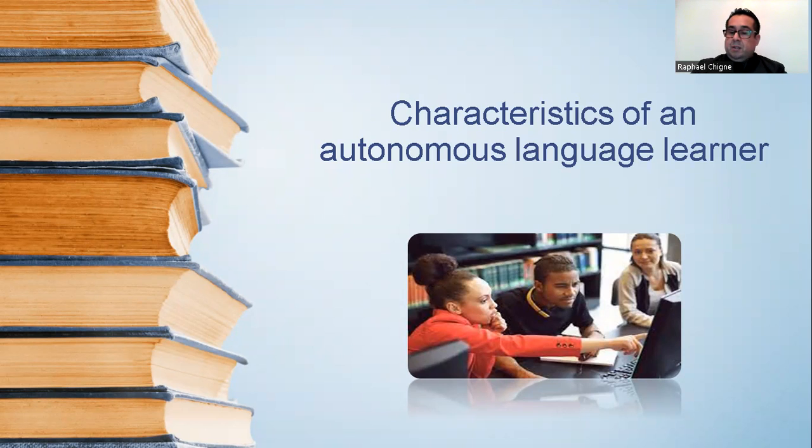Step 3, the student's capacity to learn for themselves is encouraged. That takes you to the next step, which is students are encouraged to make decisions about what they learn. Students are also encouraged to become aware of their own learning styles. Lastly, not least, students are encouraged to develop their own learning strategies.